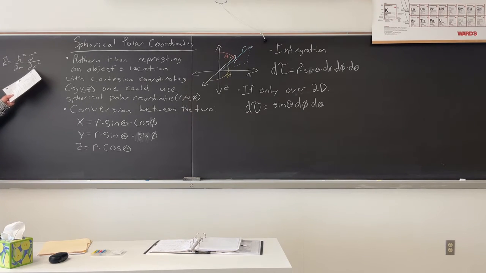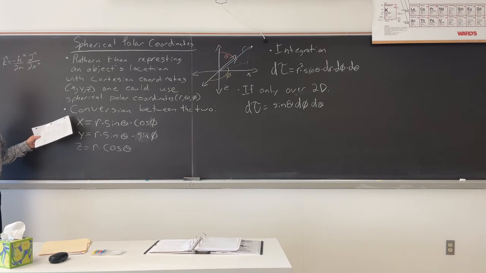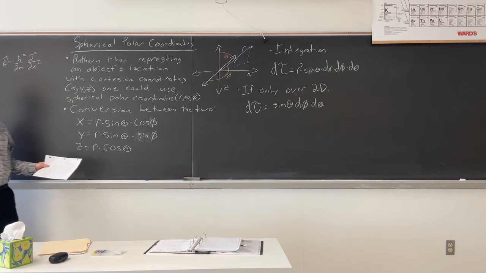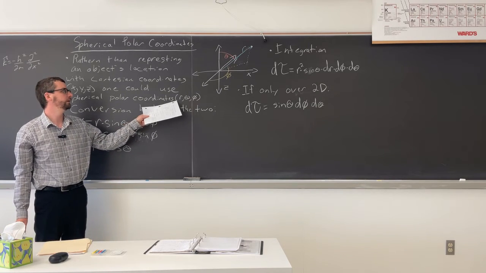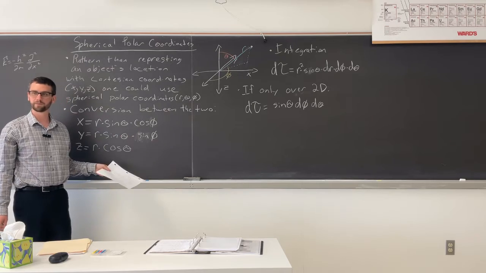So we're going to have to consider second derivatives. How many coordinates do we have to take a derivative with respect to if we want to do this in spherical polar coordinates? 3. And what are those 3? Yep, these 3 right here.